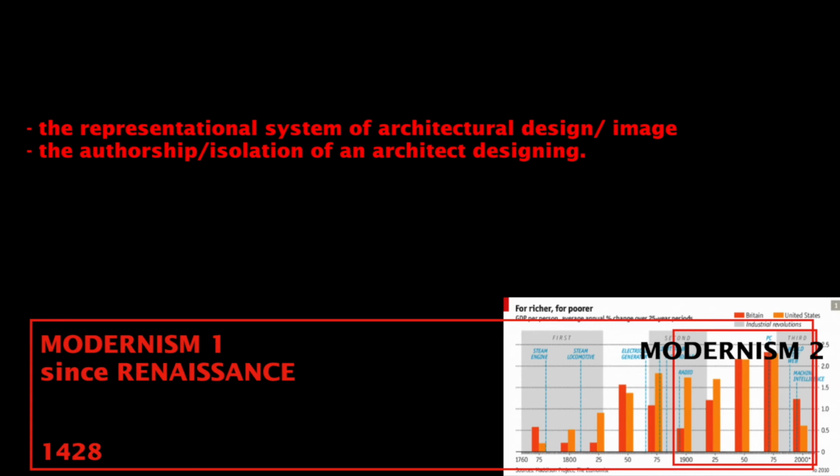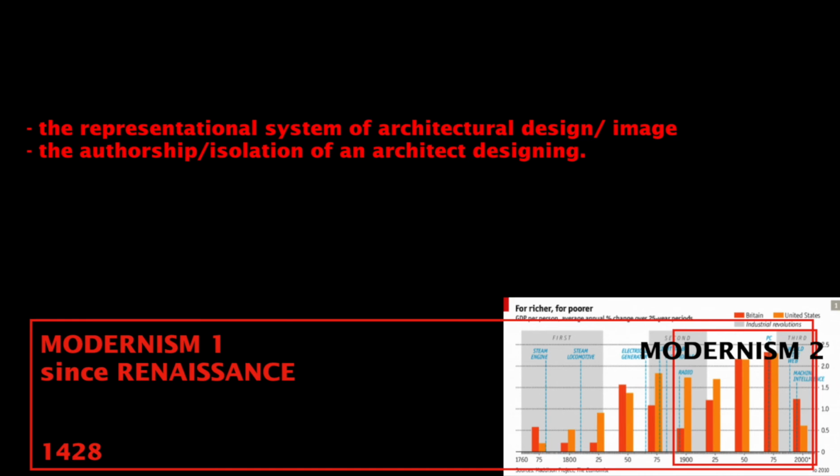The second one is that the authorship or the isolation of the architect of designing is developing pretty much the same way as the representational system is changing. And the authorship also takes presence and is understandable since the Renaissance.